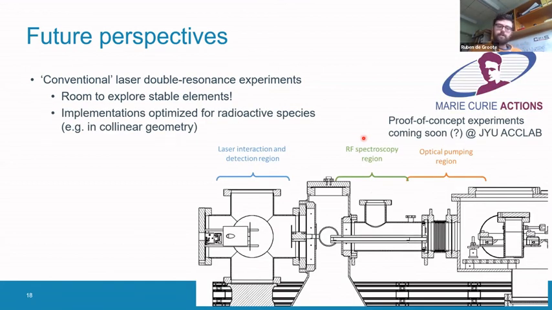But as Kieran has shown, there's also tremendous value in exploring radioactive isotopes: going further from stability, looking for structural changes, seeing what deformation does, seeing what happens when we cross shell closures, etc. Pushing to do collinear laser double resonance measurements is definitely possible with our current technology and instrumentation, and is something we should push for and try to do.